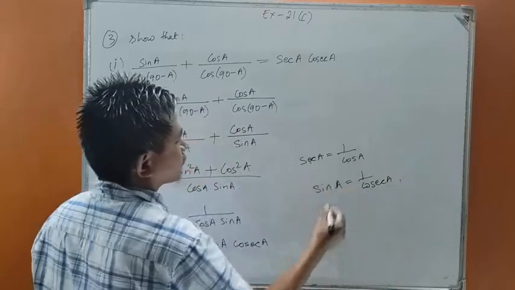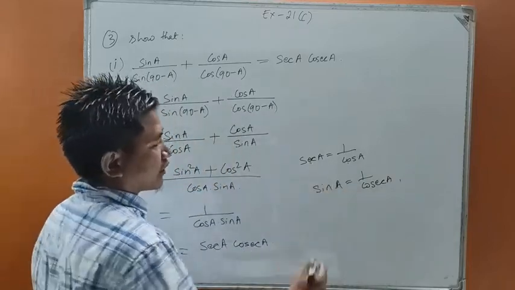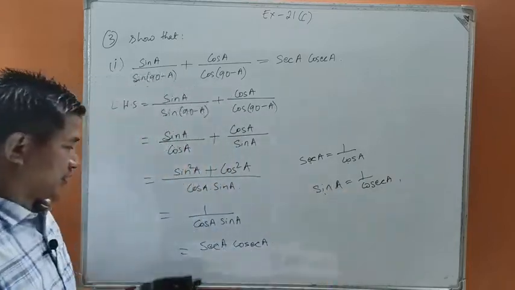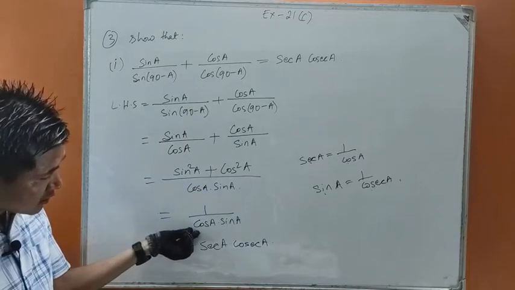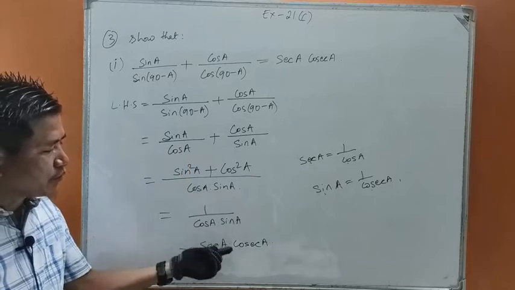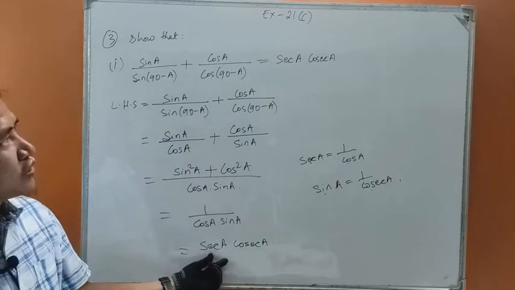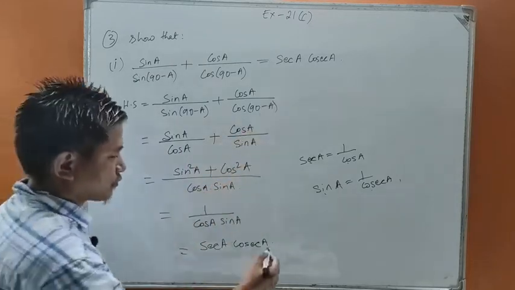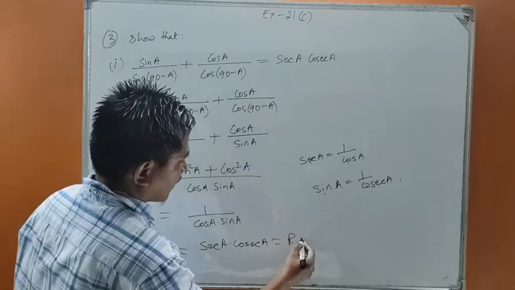So sec a and cosec a are reciprocal of cos a and sin a respectively. If you take cos a to the numerator, it becomes sec a. If you take sin a to the numerator, it becomes cosec a. So this is what we have in the right hand side, hence proved, equals RHS.